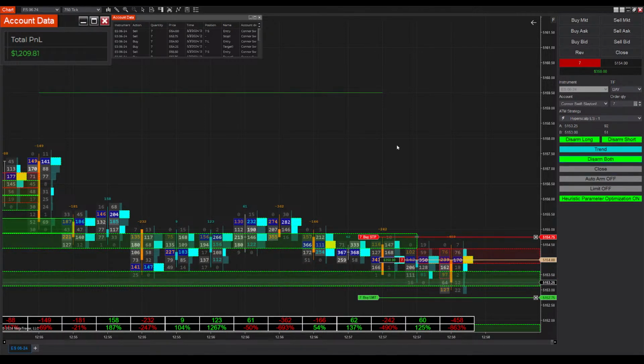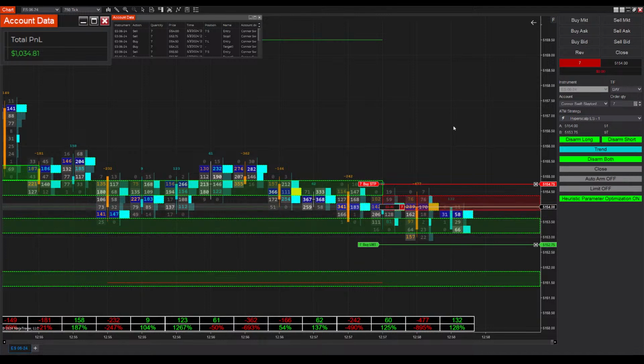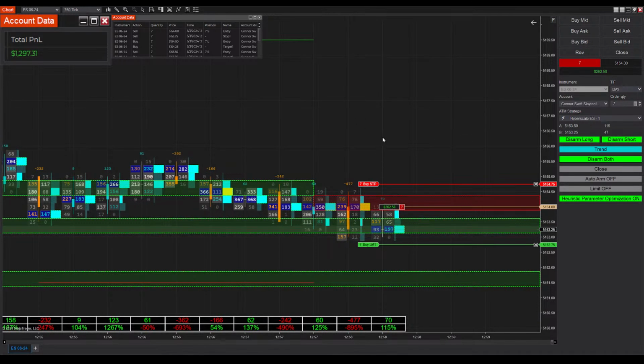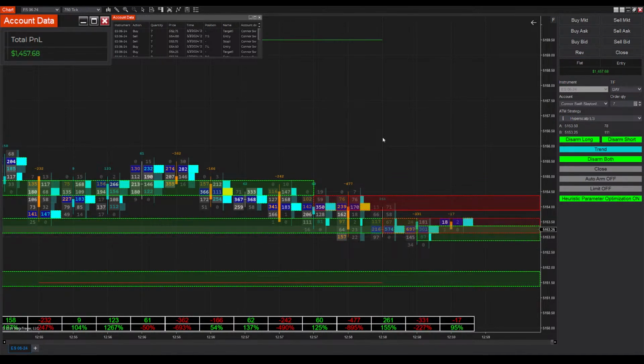There we go. Just got filled short here. It hit our automatic stop chase pretty quickly. There we go. I ended up winning that one at 14.57.